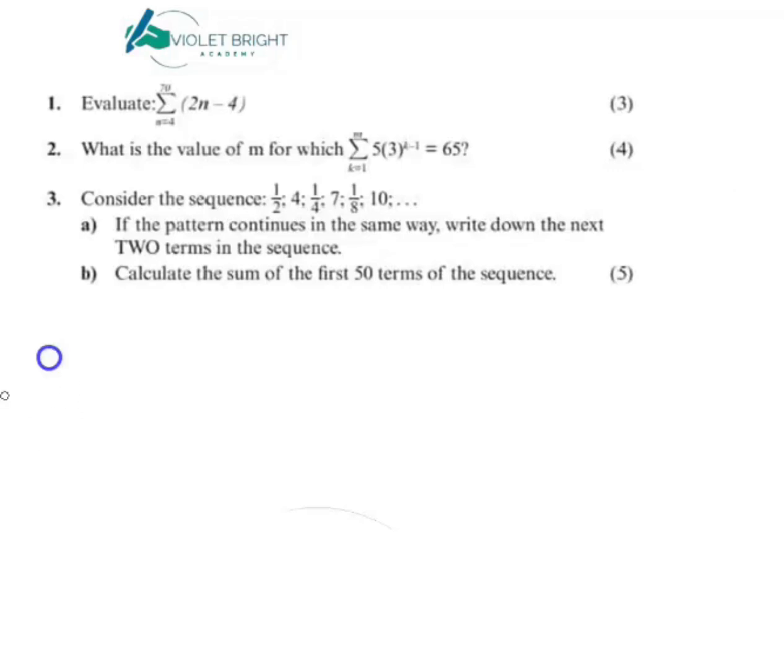So question 1 says, evaluate the sum at 70, which means our upper limit is 70, our lower limit is 4, and it's Tn minus 4.